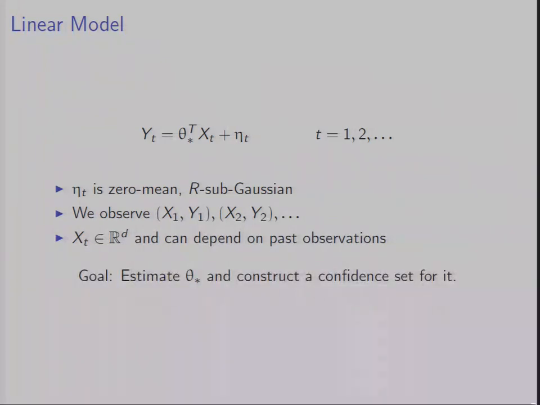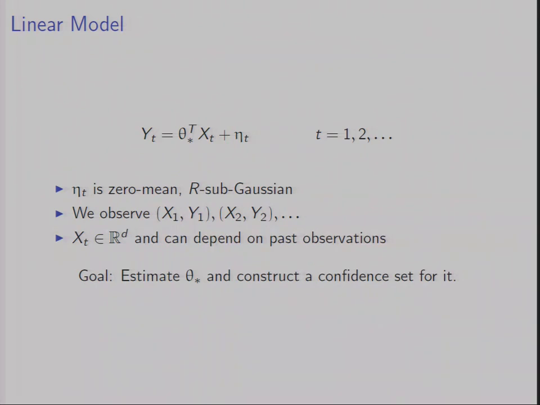And so here are the details. The linear model that we consider is simply we have a feature vector x and an unknown parameter theta star, and we observe a covariate yt plus some noise.